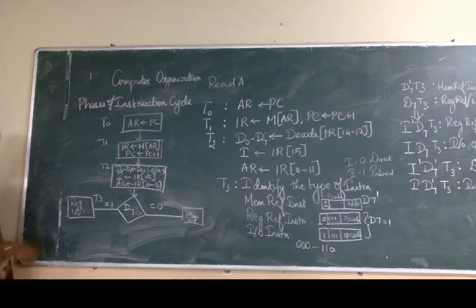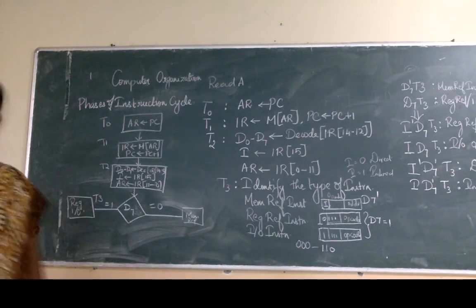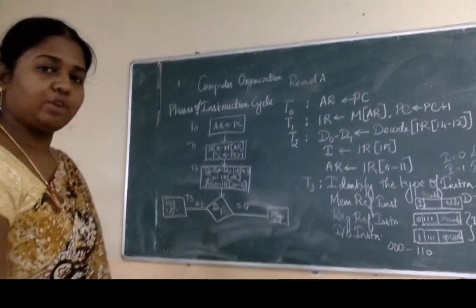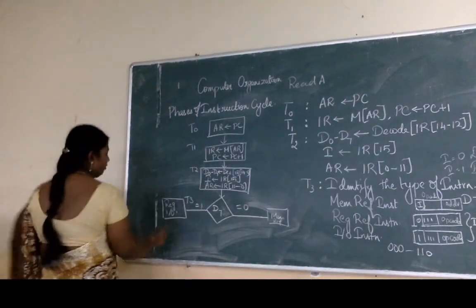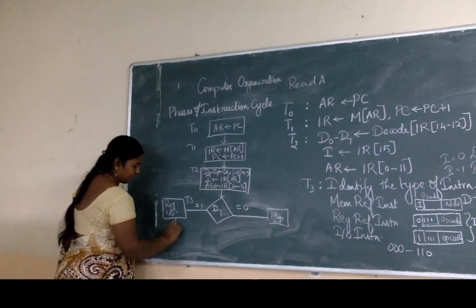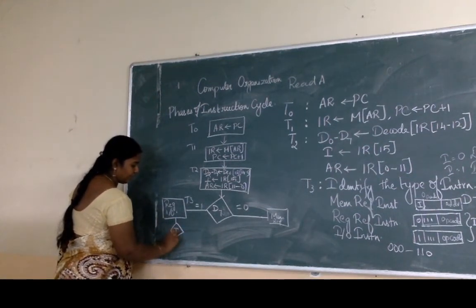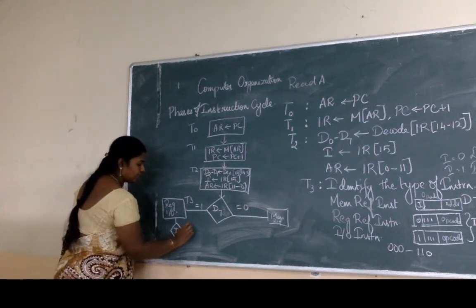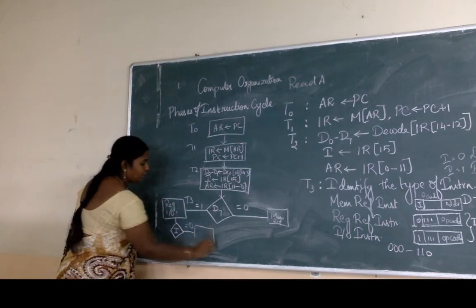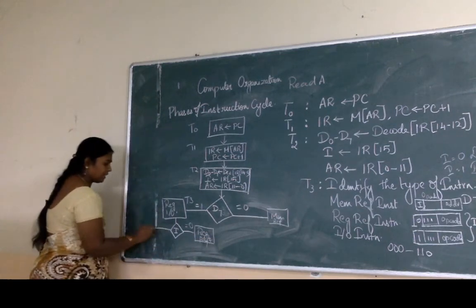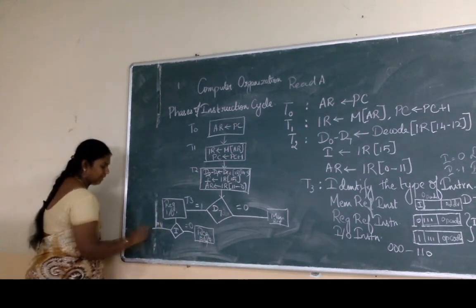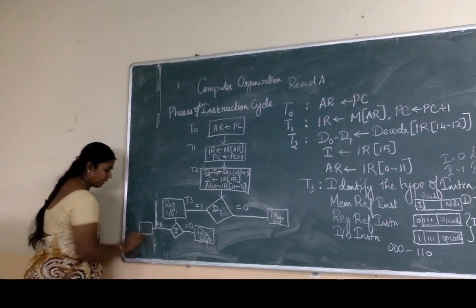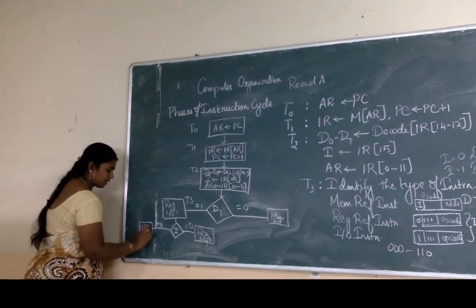To identify what exactly is the type of instruction, I have to now see the value of I. So I am going to check the value of I here. If the value of I is equal to 0, then perform the register reference instruction. If its value equal to 1, then perform the IO instruction.